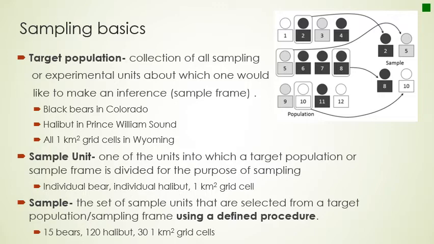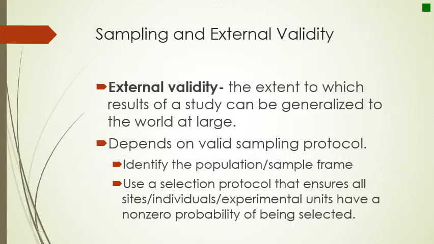So in our examples, it might be that you have a budget to sample 15 bears or 120 halibut or 31 square kilometer grids. That collection of sample units would then be your sample. A key concept related to sampling is what we call external validity.